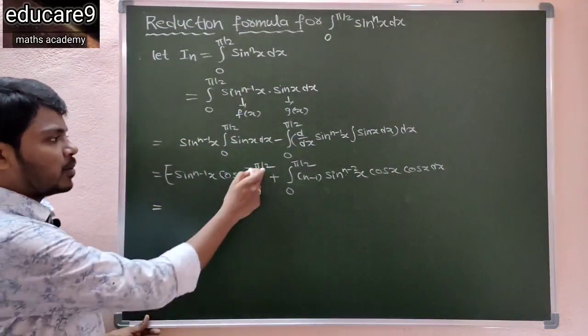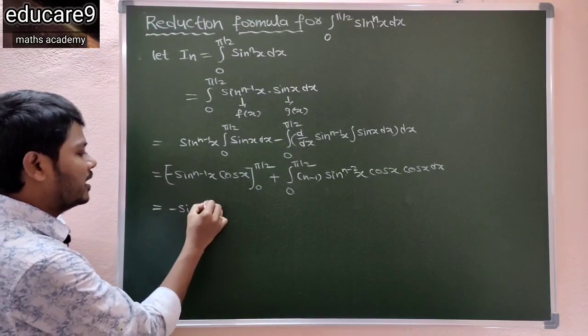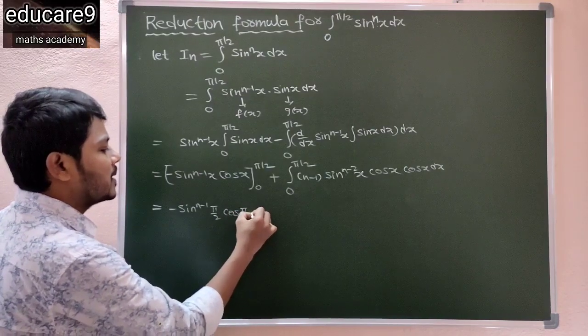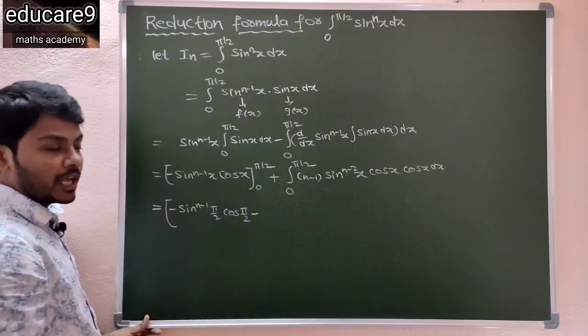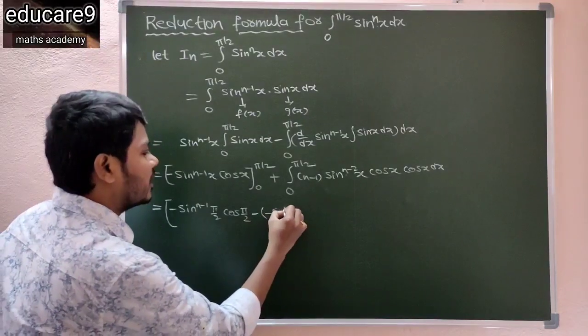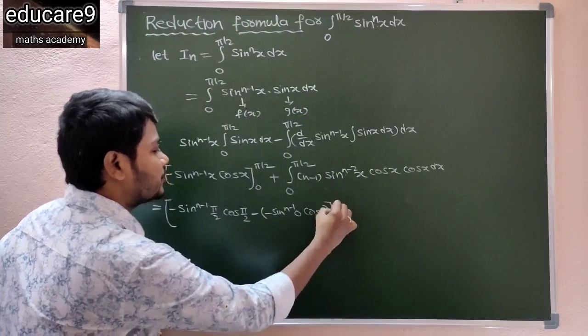Now apply the upper limit first. You will get minus sin power n minus 1 pi by 2 cos pi by 2, minus, applying the lower limit, sin power n minus 1 0 cos 0.